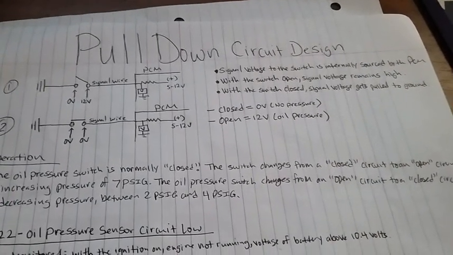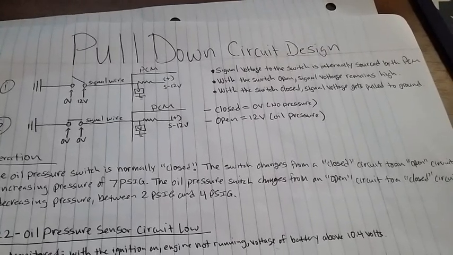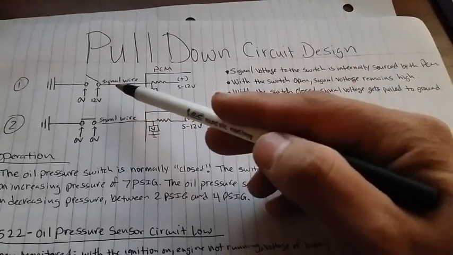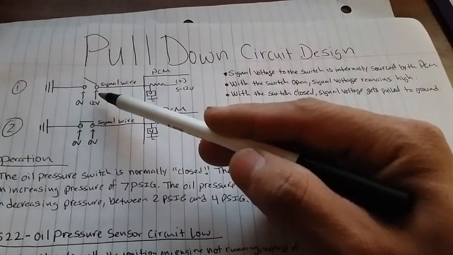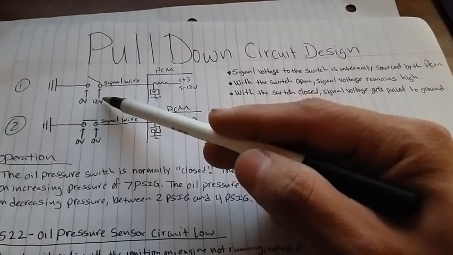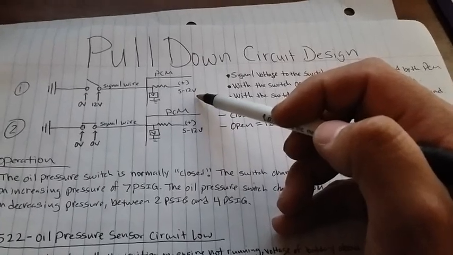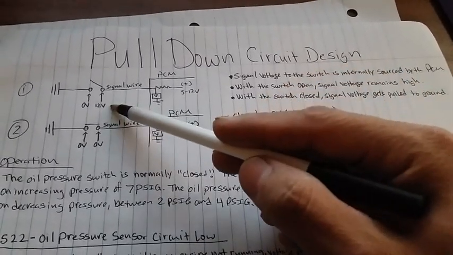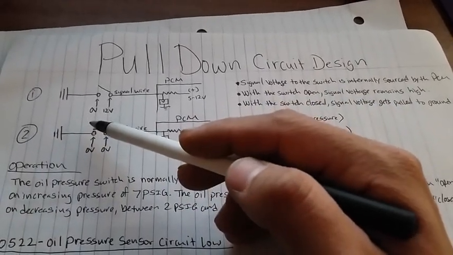On figure 1, as you can see, with the switch open, signal voltage remains high. With the signal wire contacts open, our signal wire should read about 12 volts, anywhere from 5 to 12 volts depending on the circuit, but in this case we're going to put down 12 volts, and on ground it should read about 0 volts.